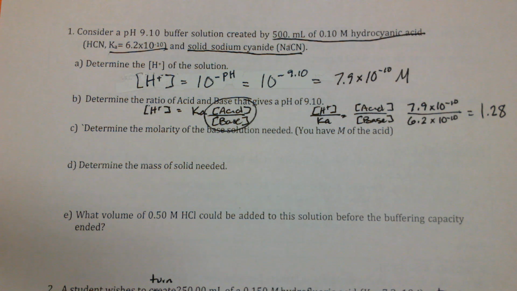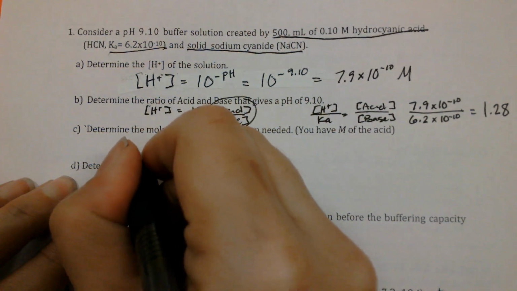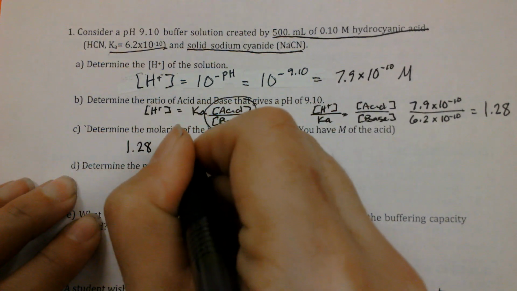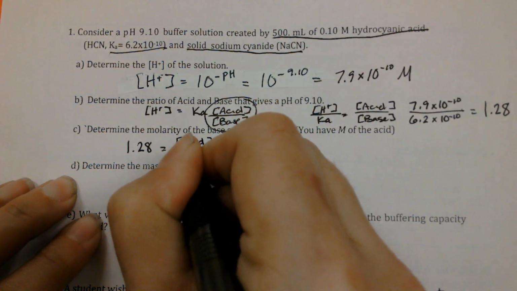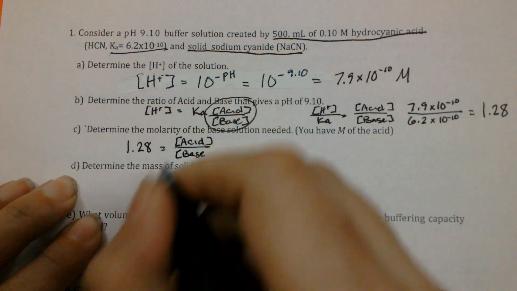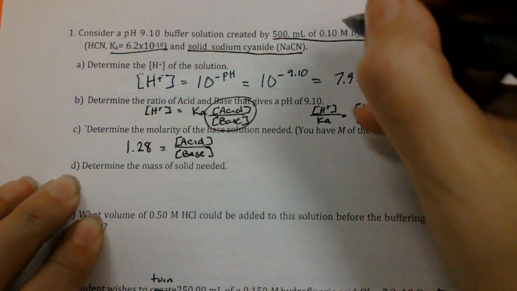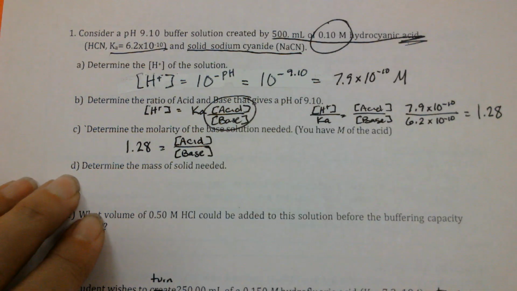So now I'm actually going to take this exact same equation and the information that I have in my problem, and I'm going to use it to find the molarity of the base solution that I need because I have solid sodium cyanide. So I'm going to take this ratio, which is 1.28, and remember that it is equal to the ratio of the acid over the base. But read the problem. I know the molarity of my acid. It's right there in the problem.